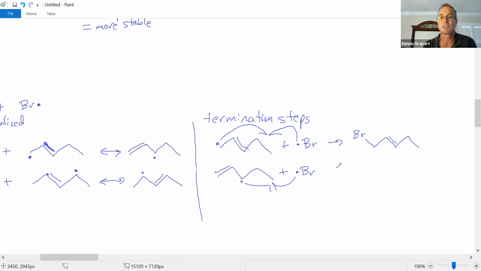Kind of curve those arrows that way. And then on bottom left over here, and then what we got? We got swing, not swing, put the bromine there, pair up our radicals.